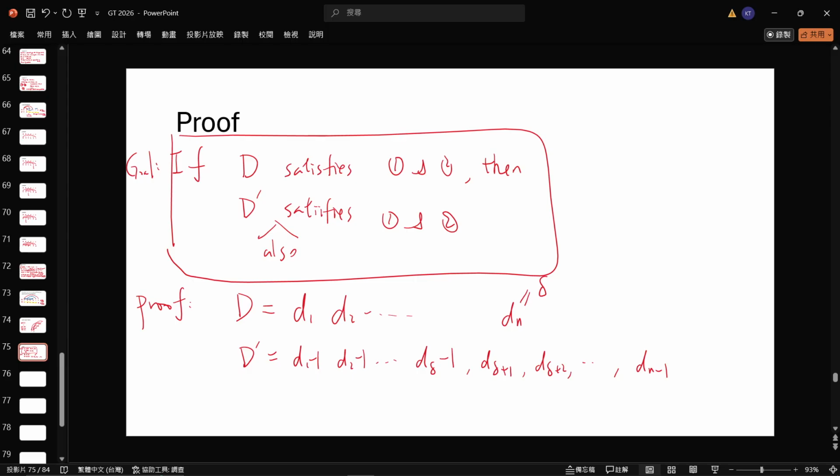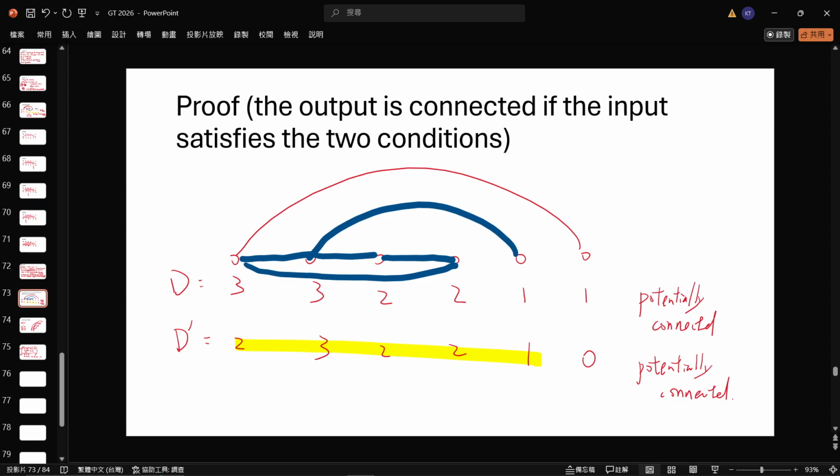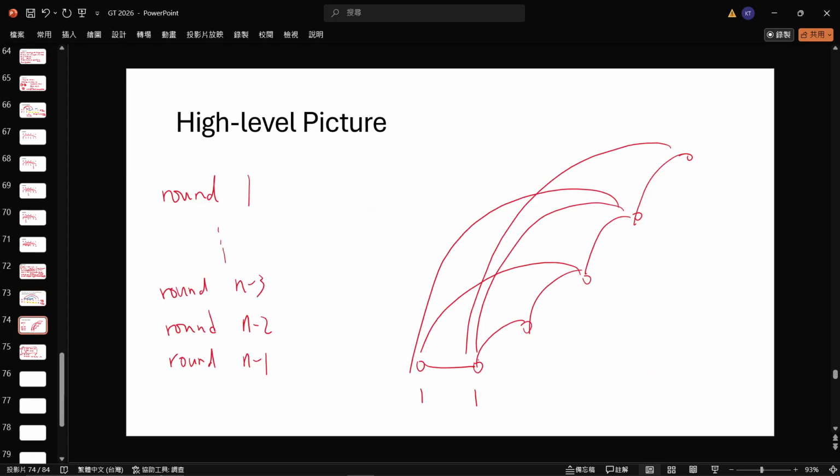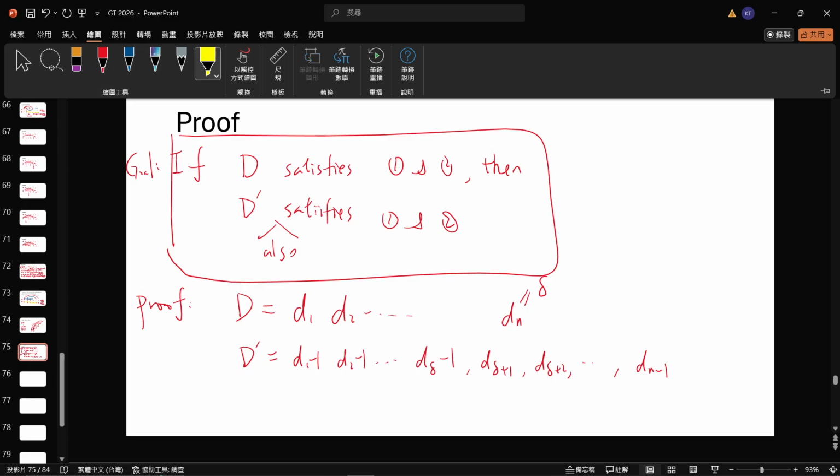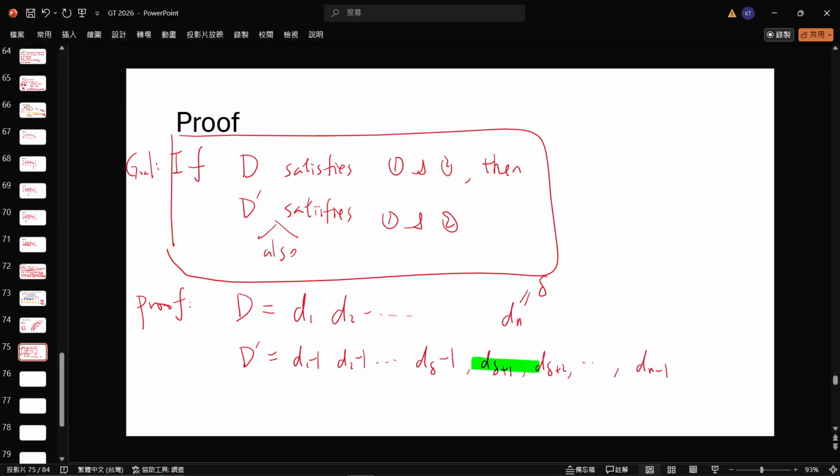So here, 3, 3, 2, 2, 1 were originally at least 1, and what we want to show is that the highlighted part, as you can see in this example, is indeed at least 1 for each. So there are 2 parts in the degree sequence. This green part, we do not change it. So if their degree is at least 1 in D, and obviously because we don't change it, these degrees are still at least 1.